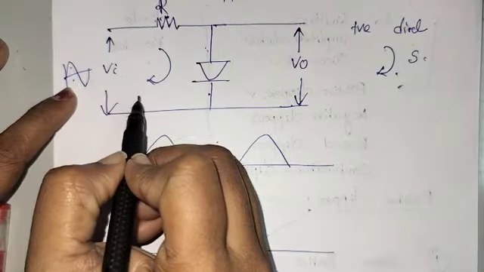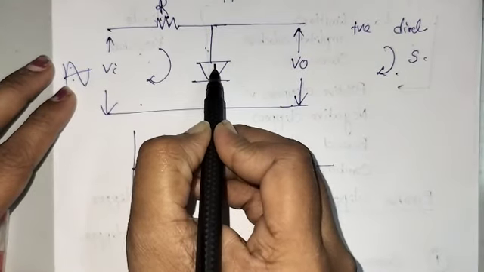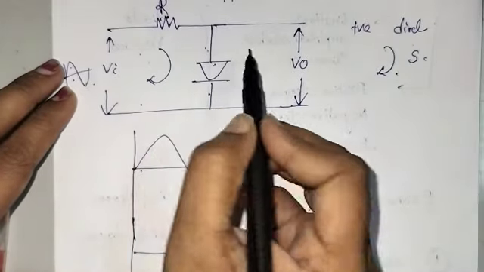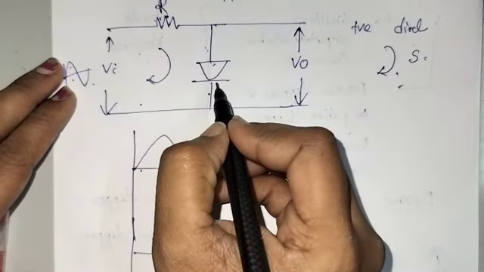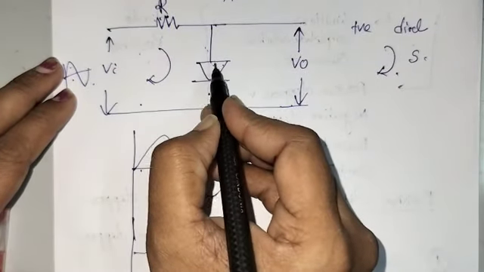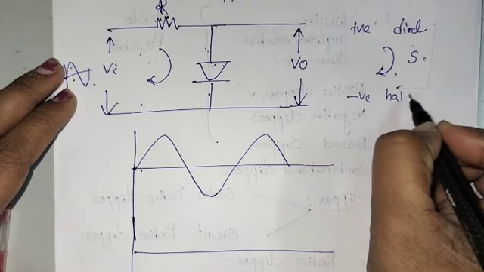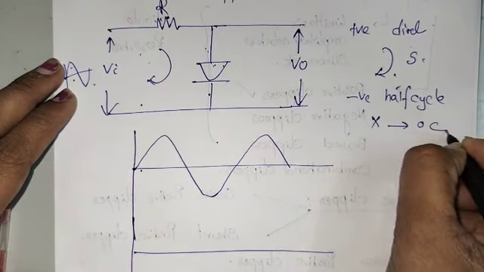So there is no voltage across the output for positive half cycle. For the shunt positive clipper, the diode is forward biased and it conducts. So there is no voltage across the output. For negative half cycle, the diode does not conduct and acts as an open circuit.